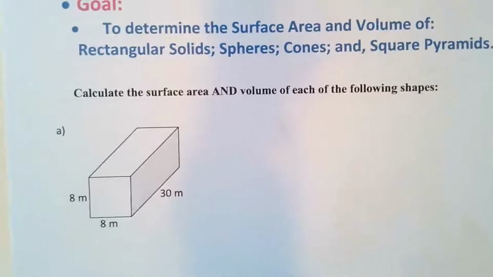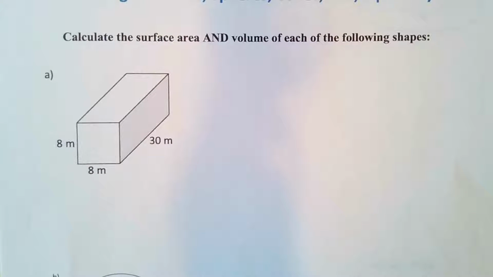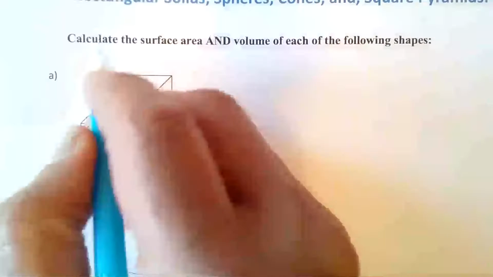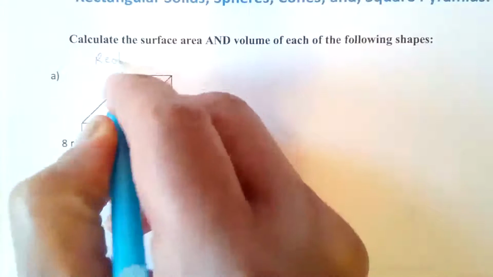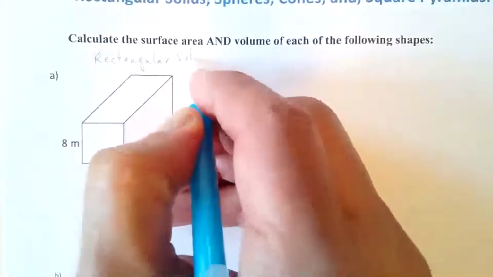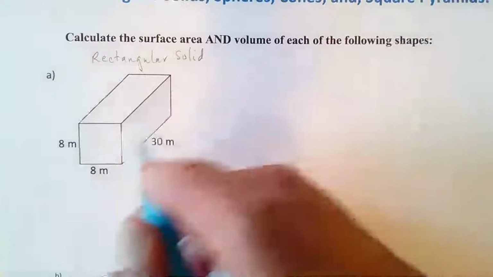Let's look at the first example question. You have to calculate the surface area and volume of each of the following shapes. So this is a rectangular solid. The reason it's called a rectangular solid is that it's like a box.